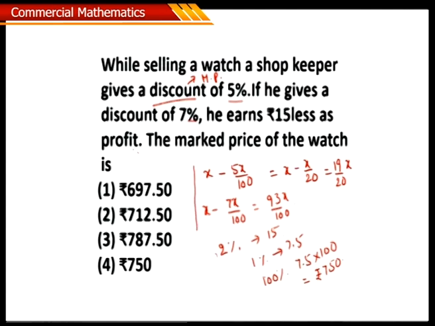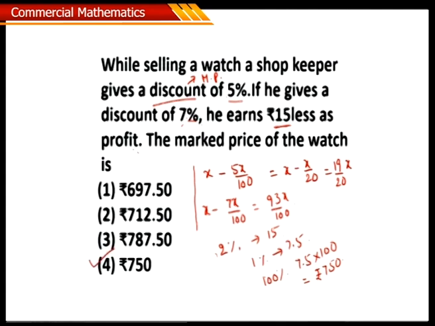Instead, like the previous problem, go for the difference of 7% and 5%, which is 2. At that time the profit is 15 rupees less. So 2% is giving 15 rupees less, means 1% will give 7.5, so 100% means 750. That's how you can see that the market price of the watch is 750 rupees.